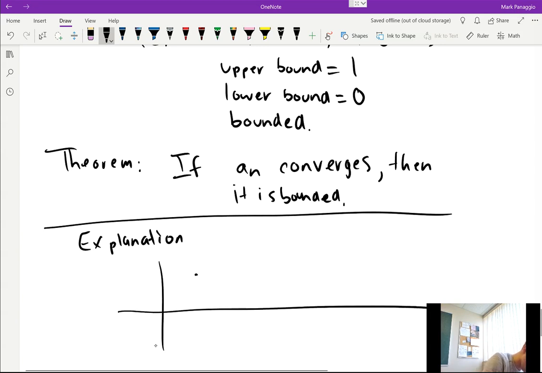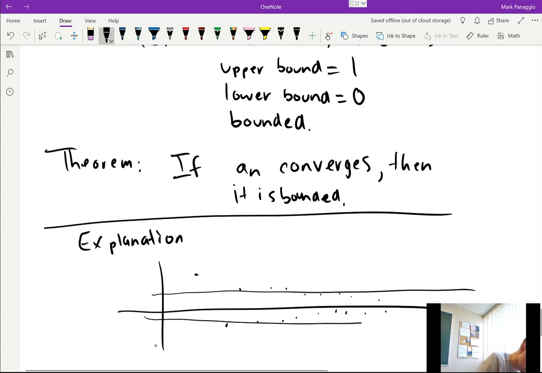Suppose we have some sequence and maybe it bounces around a little bit, but it does converge to something. Meaning I can draw a little band around what I think it's approaching, and eventually all the terms in the sequence are going to be within that band. And as small as I make that band, eventually I can accomplish this goal. So suppose it is actually convergent.